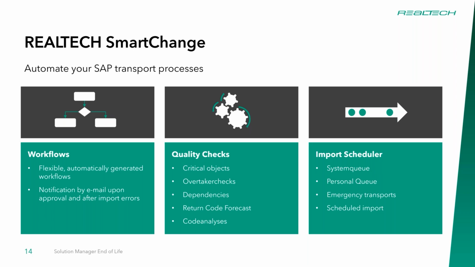You're able to use your personal queue and push it in if you have the right authorizations. And then we always know that customers have emergency transports, so we never stop you from doing transports into your systems. You're able to go in and use our tool to get them in there in an emergency situation.